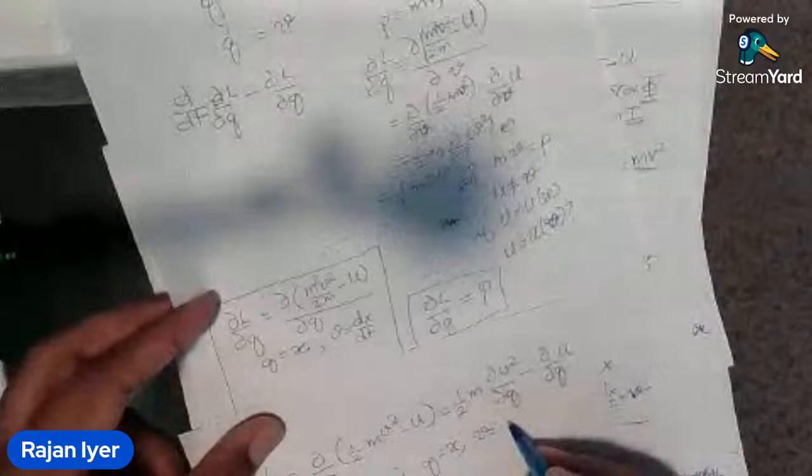So if q equals x, and then v equals dx by dt, right? Then del L over del q equals, I'm just substituting, half m del v squared over del x minus del over del x of u.